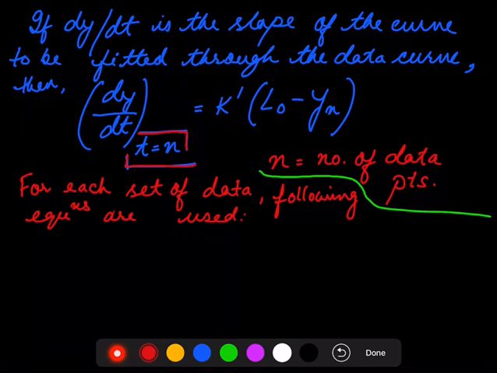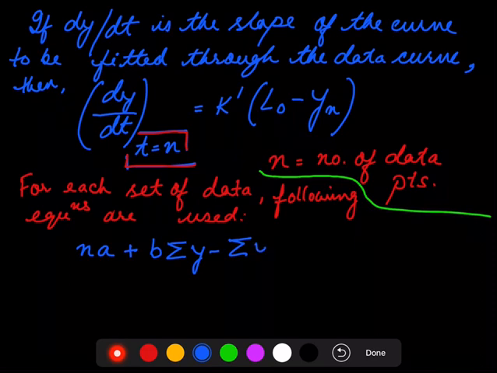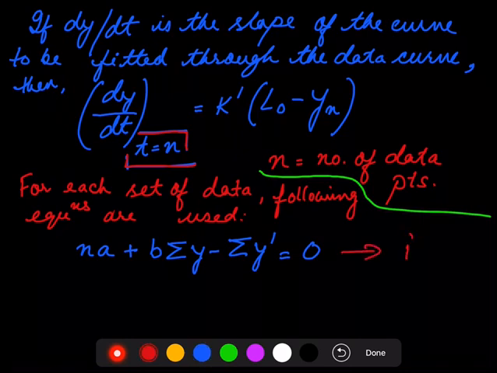Now I will write the equations. So this is n a plus b summation of y minus summation of y dash. Y dash means it's the derivative. Dy by dt is y dash, differentiation of y with respect to t, equals to 0. This is your one equation.